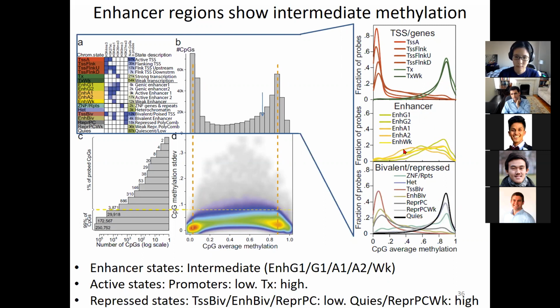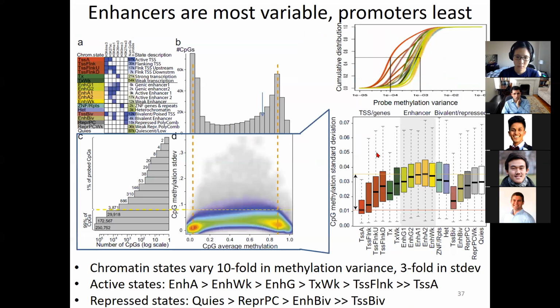And lastly, all of these different enhancer chromatin states are in fact showing this intermediate level of methylation. And then you can also ask, how much do the different states vary from each other?